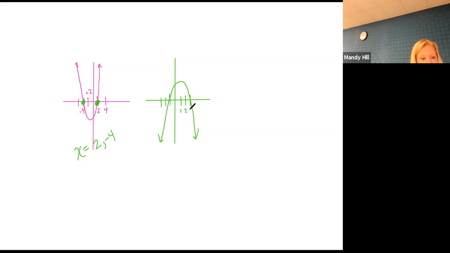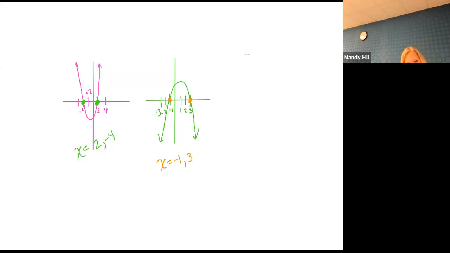This is 1, 2, 3, negative 1, negative 2, negative 3. So the solutions to this quadratic are where it crosses the x-axis. So negative 1 and 3. If it's graphed, it's so easy to find the answers because we're just looking for where it's crossing that x-axis.